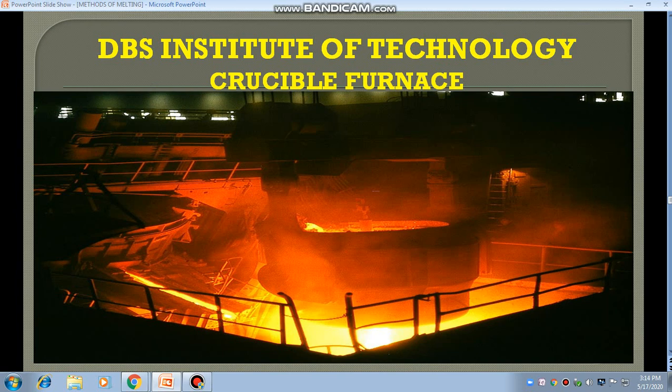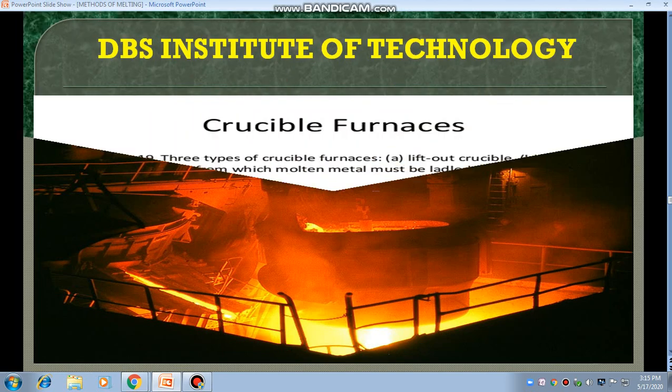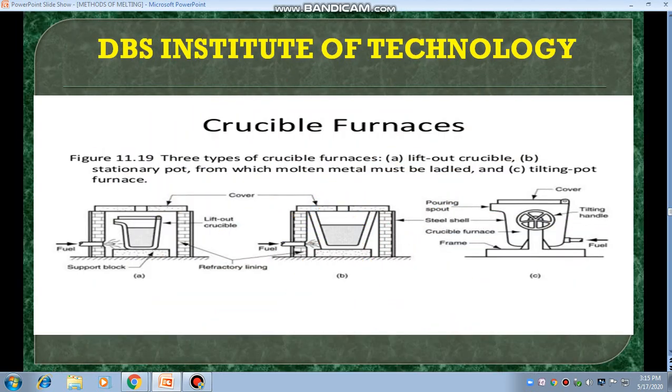Now you are seeing a very heavy crucible furnace which is used in the industries. Heavy industries use this much of heavy crucible furnaces. These are the different types of crucible furnaces.